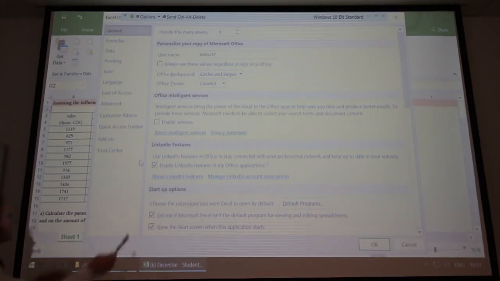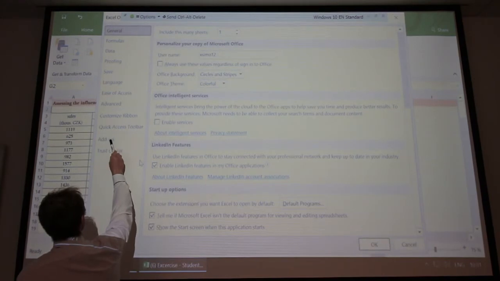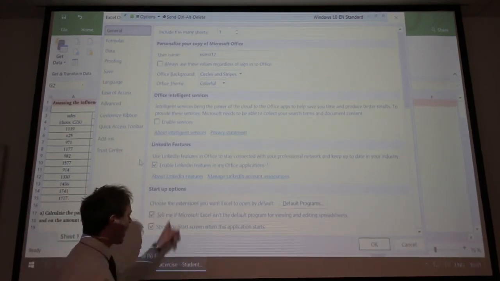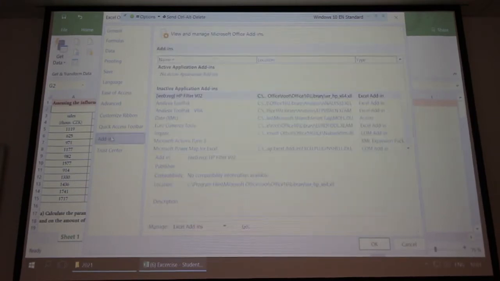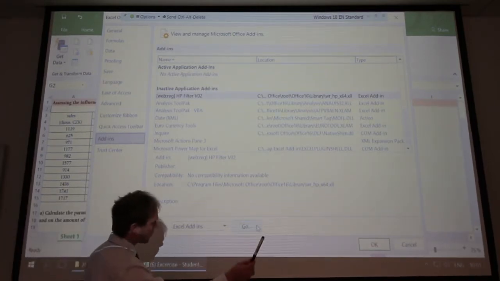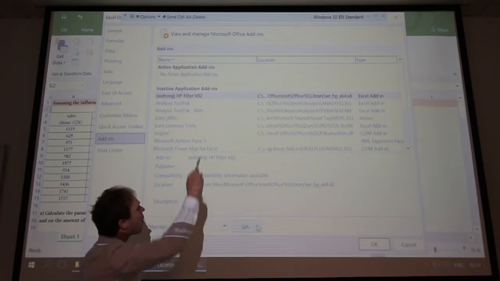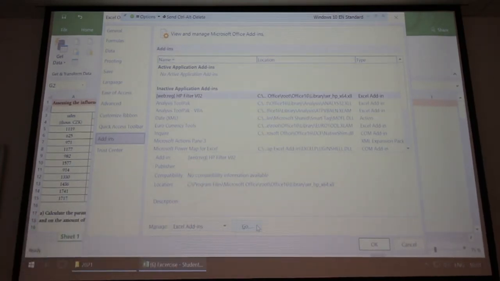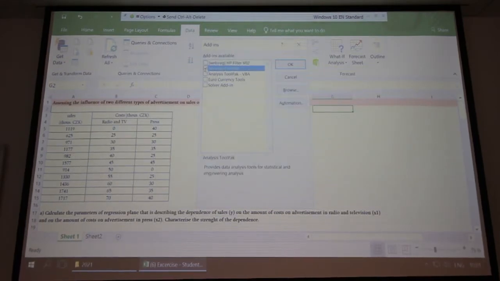And in this window, you have here add-ins. So please click here, add-ins, and you will see here in this table, Manage Excel add-ins, and there is Go button with 3 dots. So again, we will click on this Go button with 3 dots. And in the small table, we will select Analysis ToolPak. So please select this Analysis ToolPak.